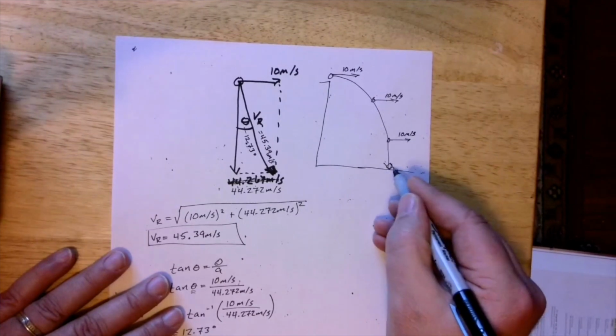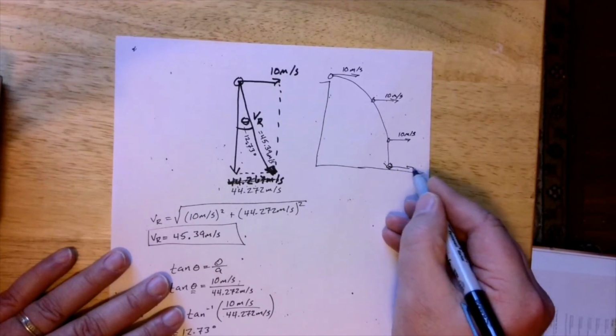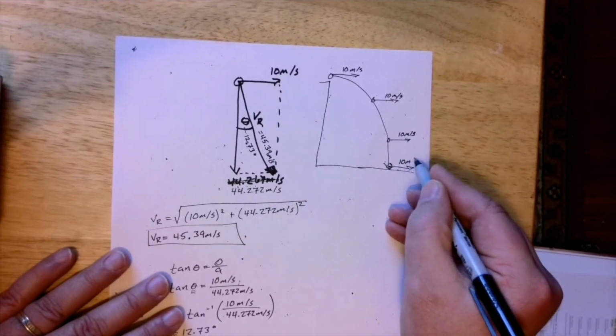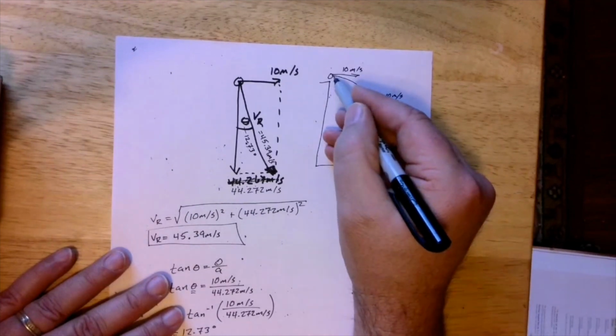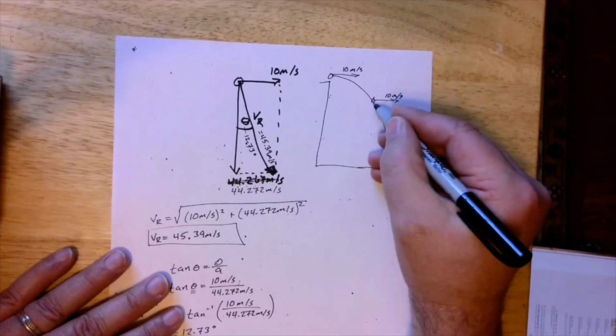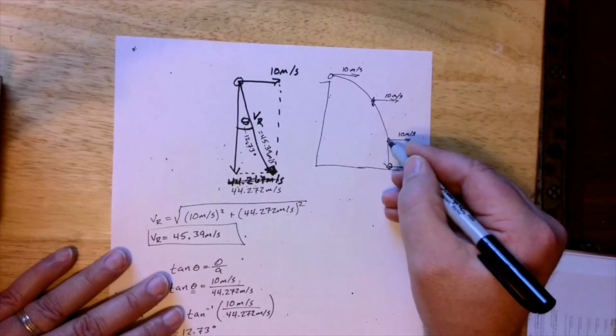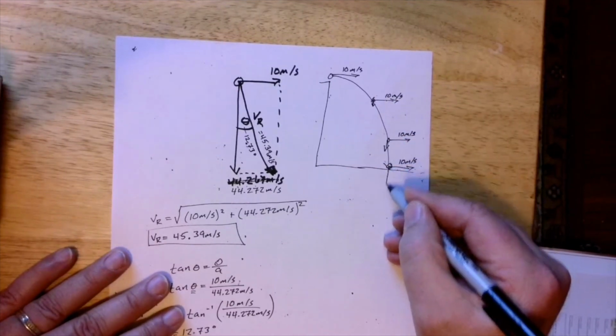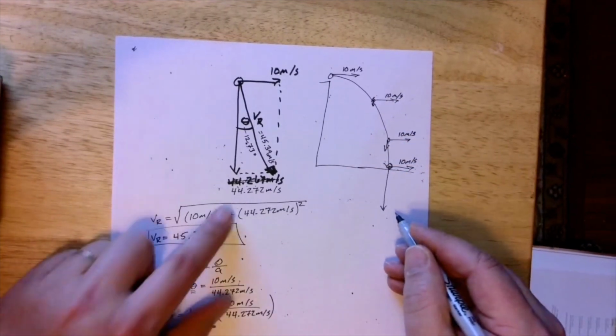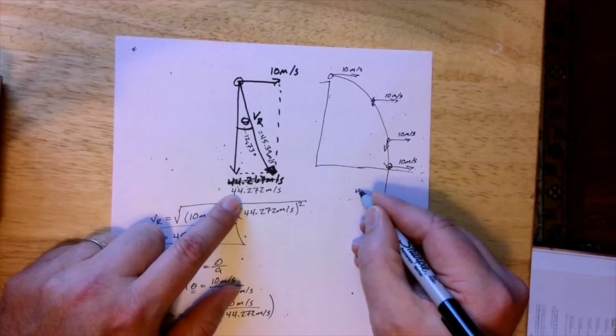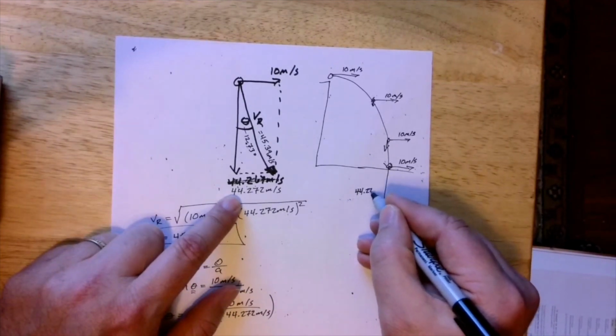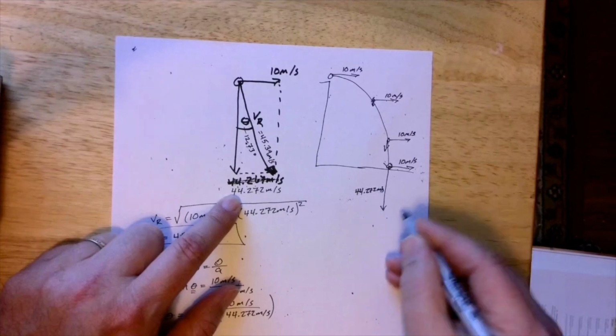When it hits the ground, or the moment before it hits the ground, it still had a horizontal velocity of 10 meters per second. Here it had no vertical velocity. Here it had a little bit, then a little bit more, and then right before it hits the ground, it had a velocity of 44.272 meters per second vertically.